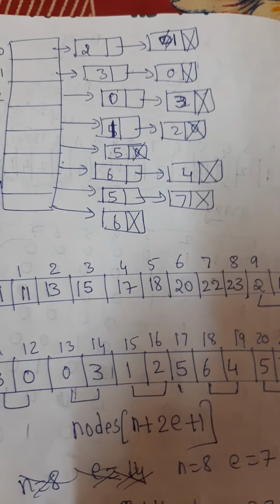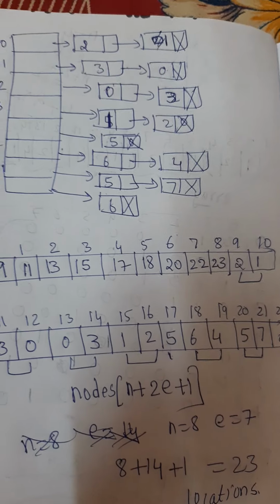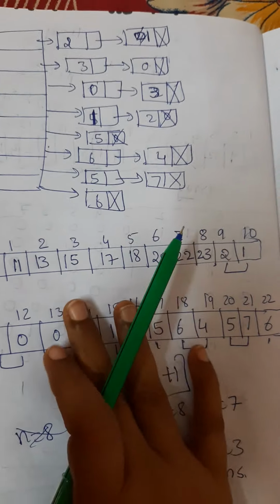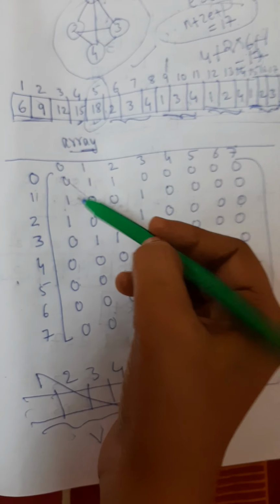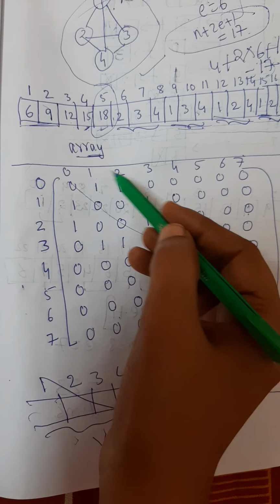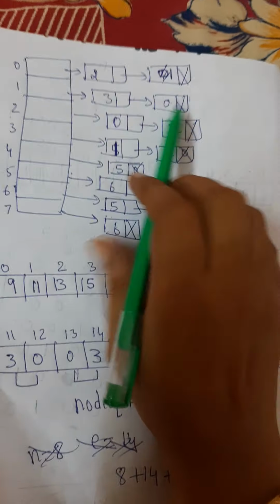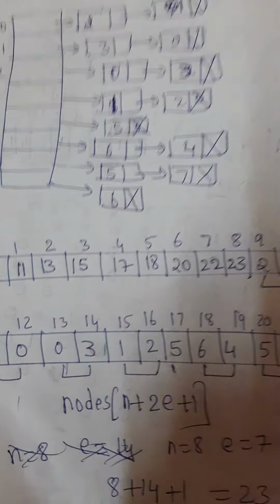You can just check the adjacency list. Since it is symmetric, you can just check the upper triangle. I'll show you one or two. First one you have is 0. Where do we have 1s? For 1 and 2. So this is the adjacency list we have.